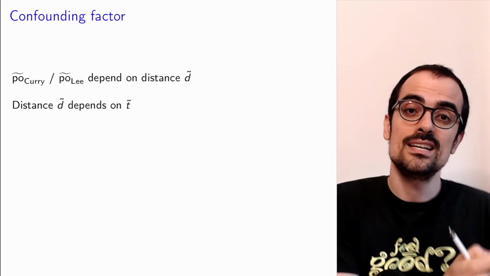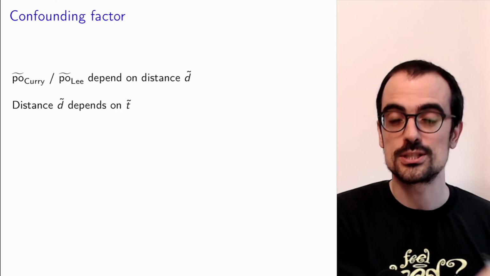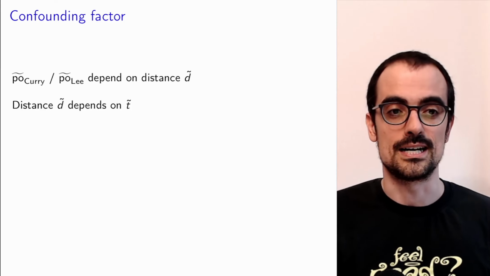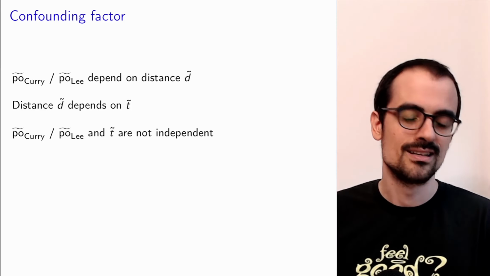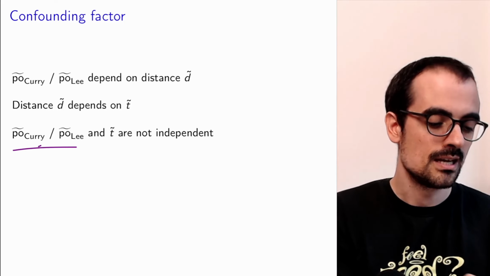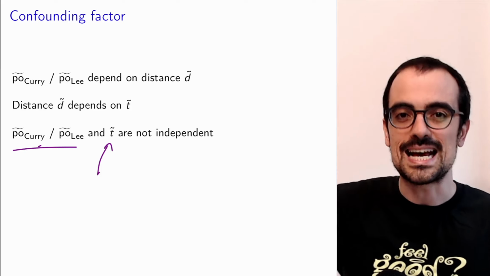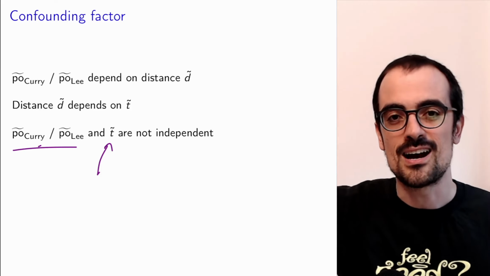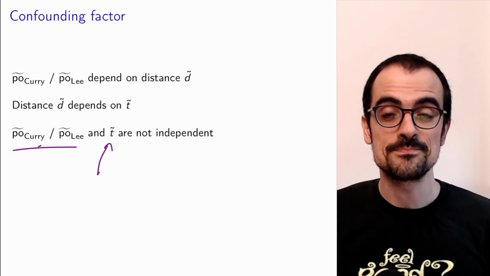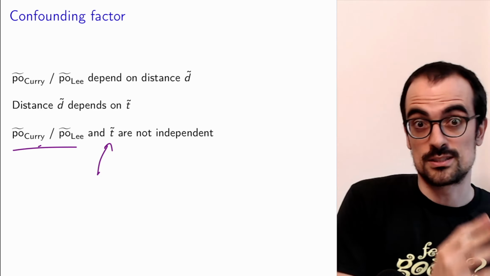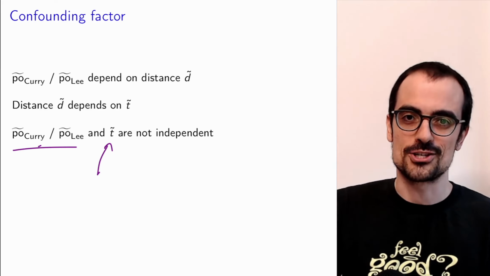We know that Lee is taking many more short threes than long threes, and the opposite is true for Curry, okay? So because of that, the potential outcomes are definitely not independent of the shooter. In other words, the type of shots taken by Curry are more difficult because they're longer threes, and the types of shots taken by Lee are easier because they're shorter threes.